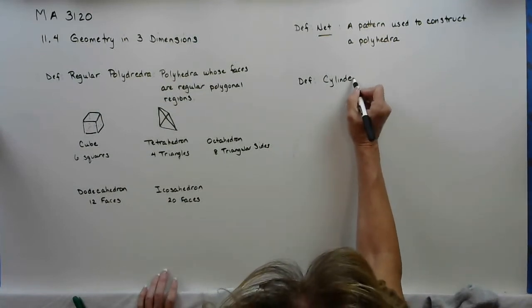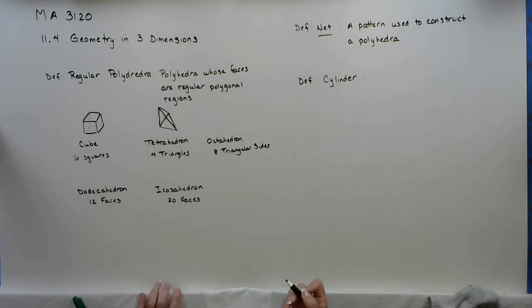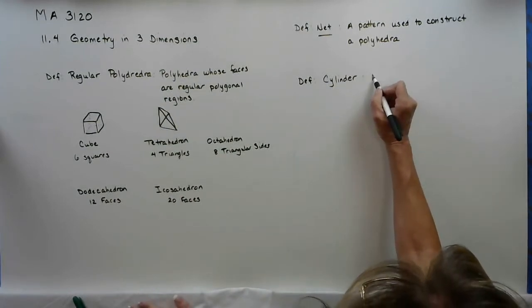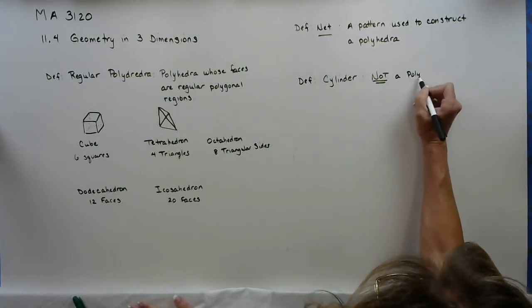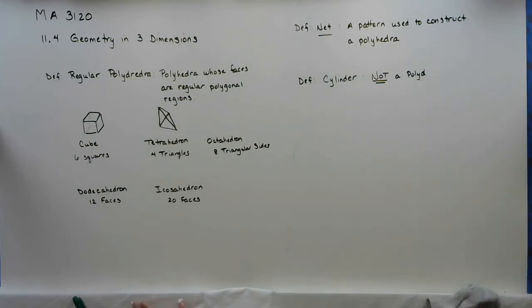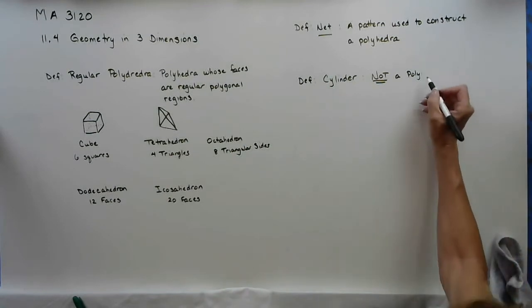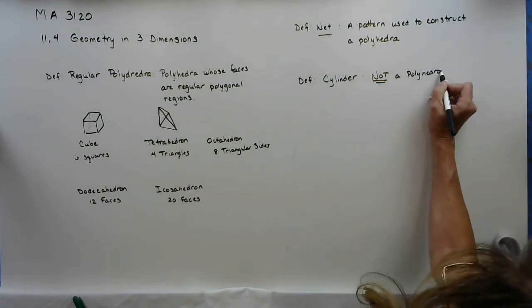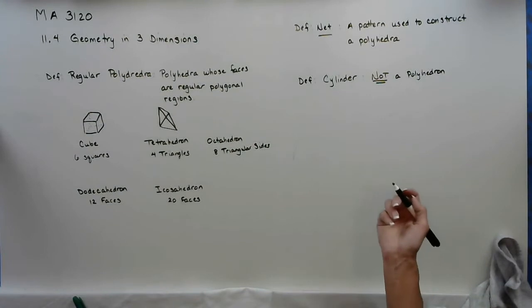A cylinder is not a polyhedron because a cylinder does not have edges. A cylinder is not made up of polygons. A cylinder is made up of a circular base.